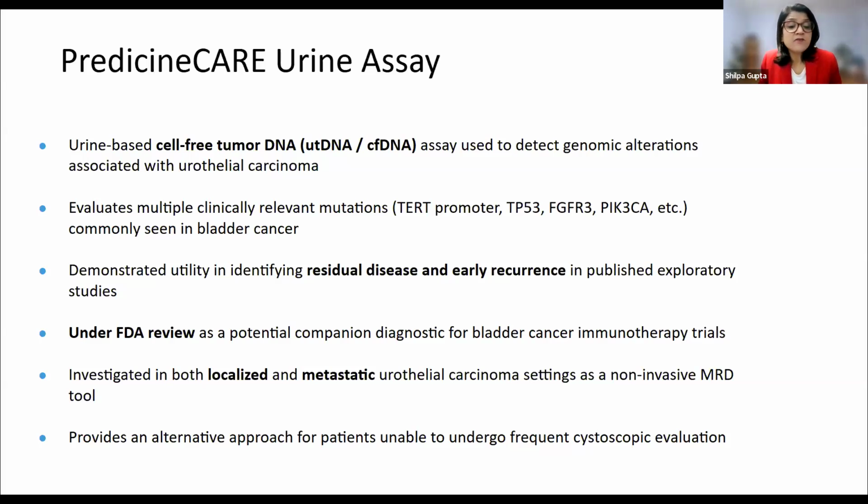And it's currently under FDA review as a potential companion diagnostic for immunotherapy trials in bladder cancer. It's also been investigated both in localized and metastatic urothelial cancer as an MRD tool. So together, it can provide an alternative approach for patients unable to undergo frequent cystoscopic evaluation.